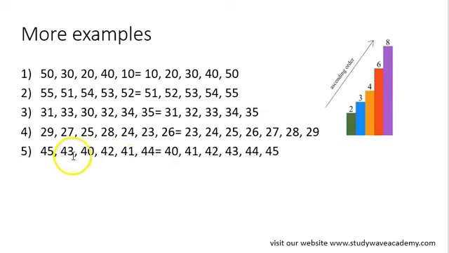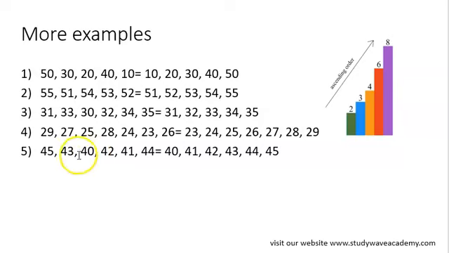The next numbers here are 45, 43, 40, 42, 41, 44. We are first going to do what? Pick the smallest number. So what number is the smallest here? Number 40. Number 40 is the smallest number, right? Good. So we are going to start with number 40.